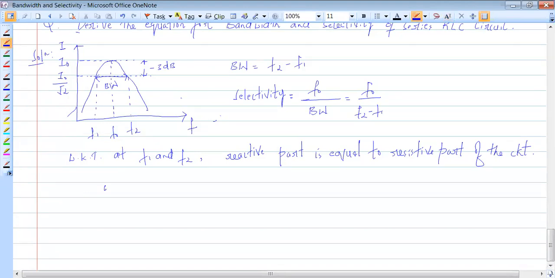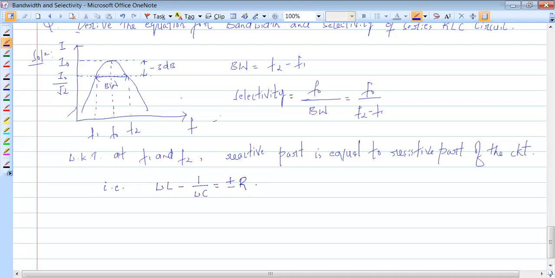That is omega L minus 1 by omega C is plus or minus R. Why did we have this plus or minus R? Because we have taken the square root, so that's why we are having plus or minus R.